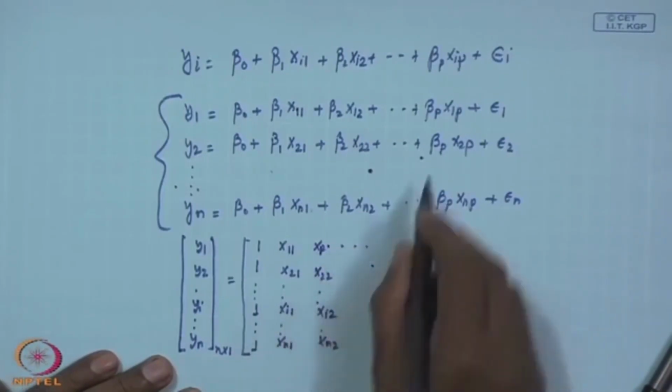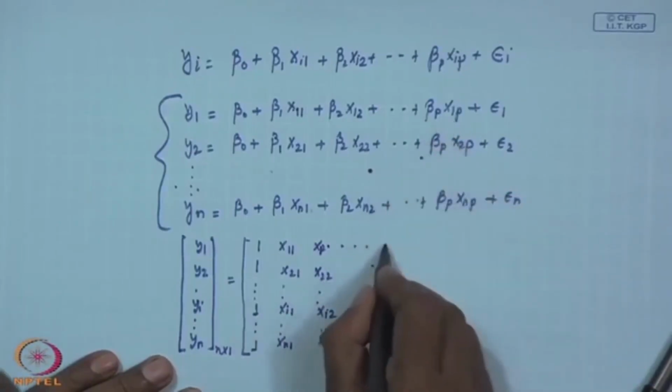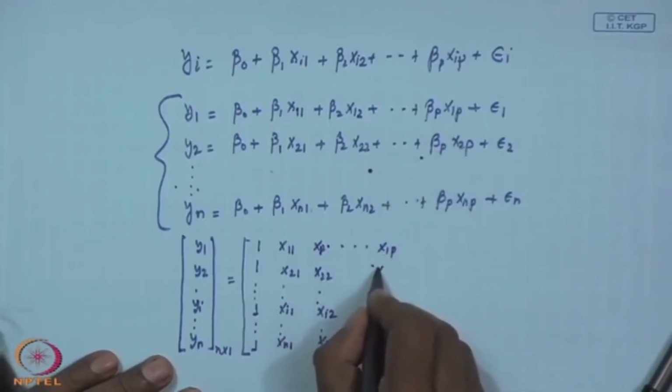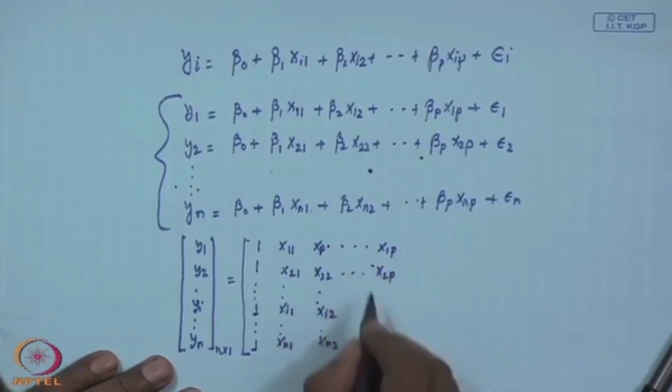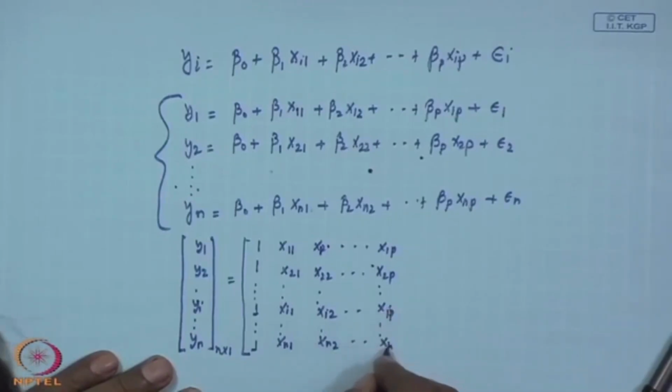Similarly, for beta p, x1p, x2p, then xip, then xnp.